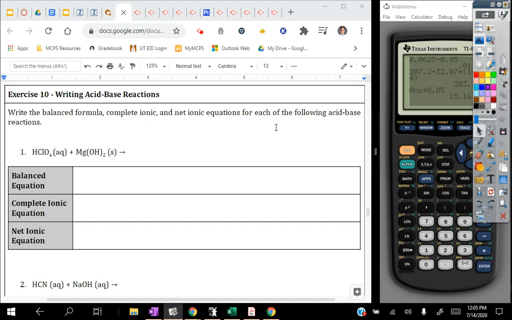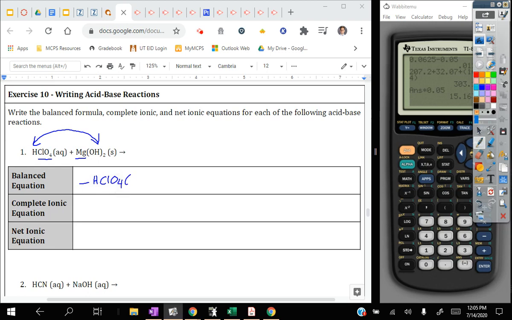They are still going to act as if it's a double replacement reaction, but specifically, H and OH are going to react together, and then the cation and anion are going to react together. So these are going to react to form water, and then the perchlorate ion is going to mix with Mg to form our salt.